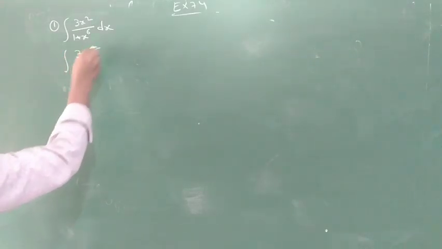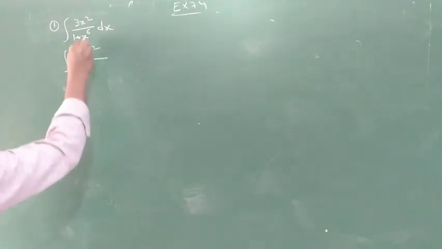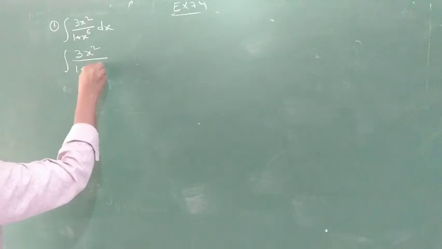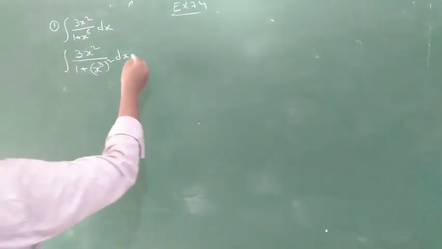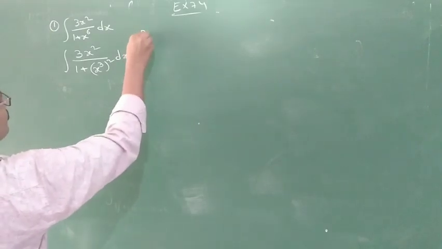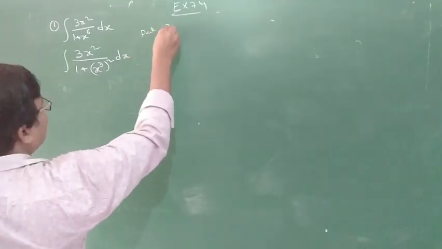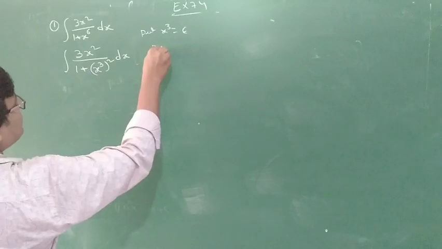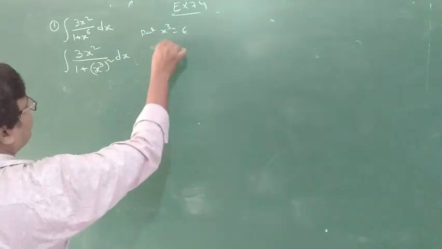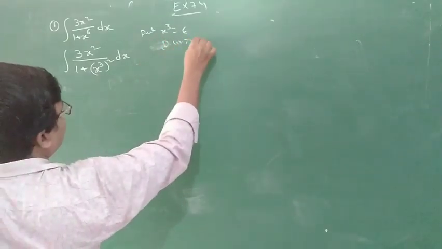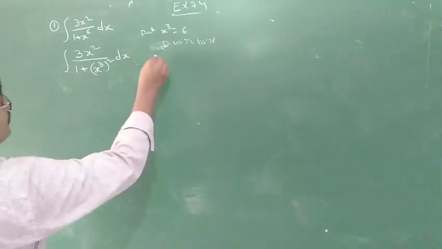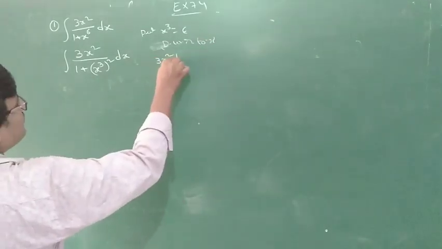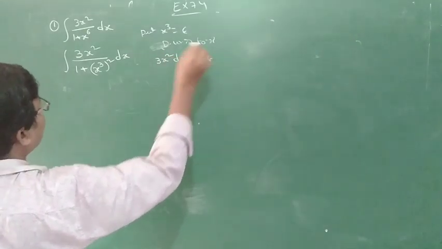Integral 3x square by 1 plus x power 6, that is x cube whole square, dx. So put x cube is equal to t, and differentiate 3x square with respect to x. So the derivative of x cube gives 3x square dx is equal to dt.